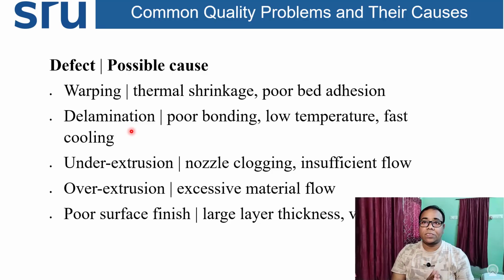Because of this, the quality of the product will go down, because the layers will not be uniform, sometimes higher thickness, sometimes lower thickness. Because of that, uneven crest and trough formation will take place, and surface roughness will be higher. If surface roughness is higher, the part will be sent for rejection. The customer will not want it.